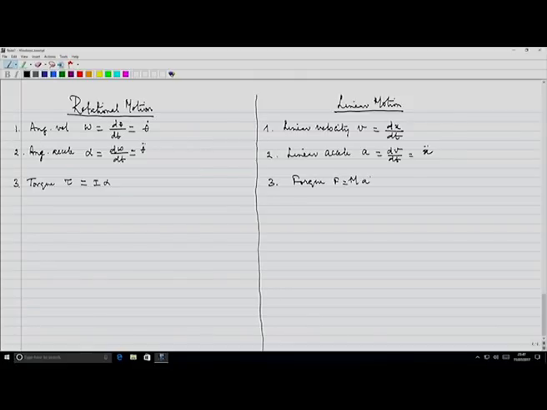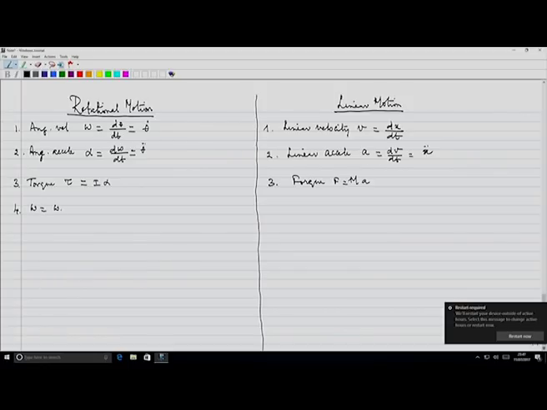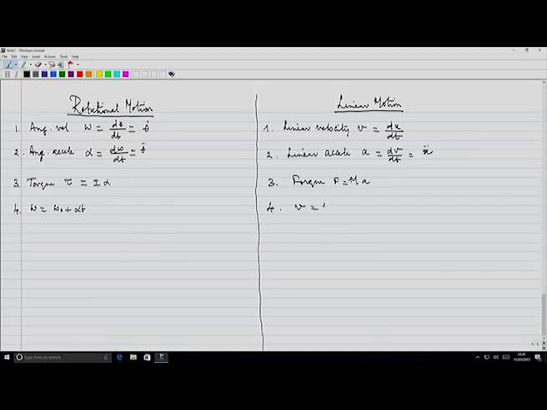Remember, we had seen that the role of mass in linear motion is taken over by the moment of inertia in rotational motion. Actually, we are summarizing whatever we have done so far. Kinematic equations: omega equals omega naught plus alpha t, and in linear motion v is equal to u plus at.